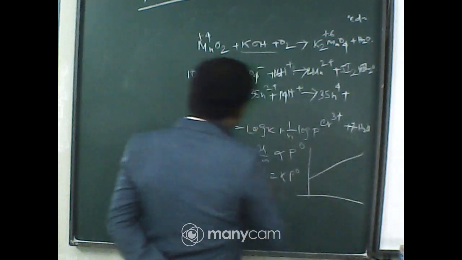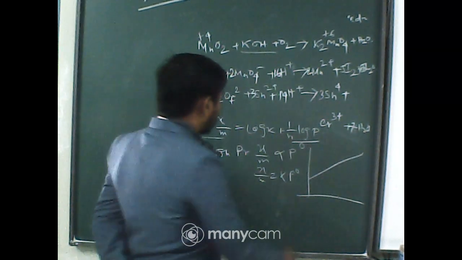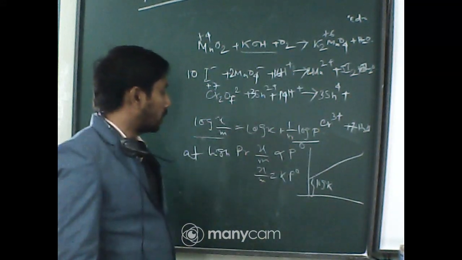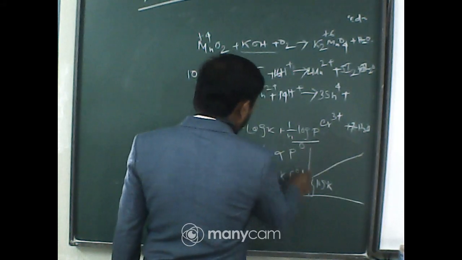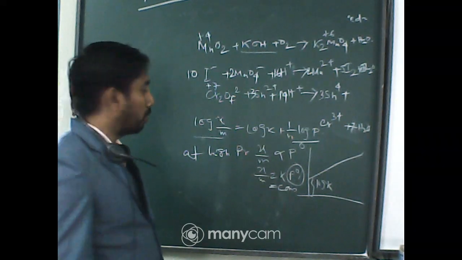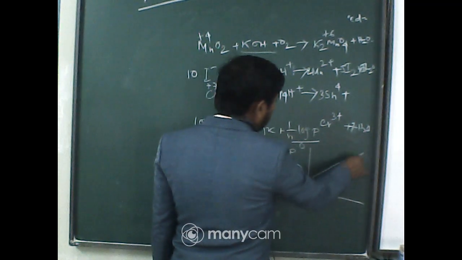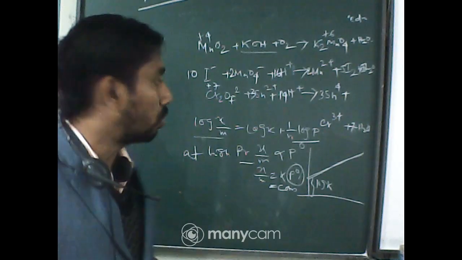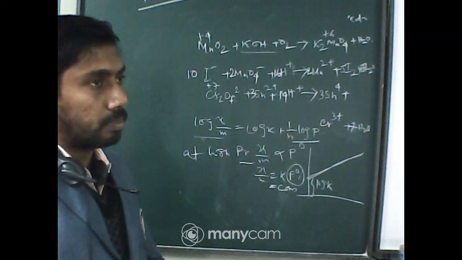This is the log x by m versus log p curve, and this is log k. At high pressure, x by m tends to be constant, because p to the power 0 is 1, so it is k, and overall x by m is constant. For this reason at high pressure it is independent of pressure, and the curve flattens, showing the independence of pressure.